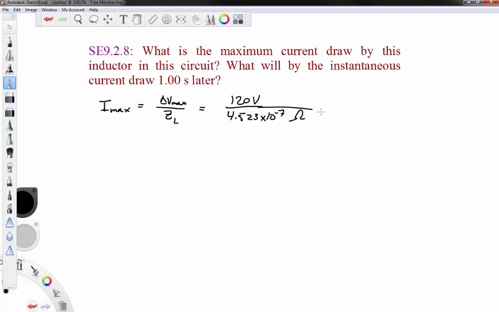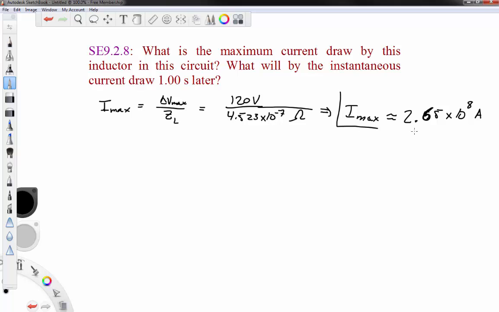And so this maximum current draw, I max, is going to be approximately 265,258,238. So we could say maybe 2.65 times 10 to the 8, and that is in amps.